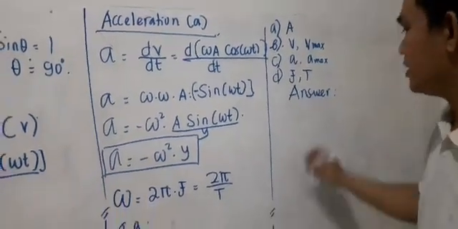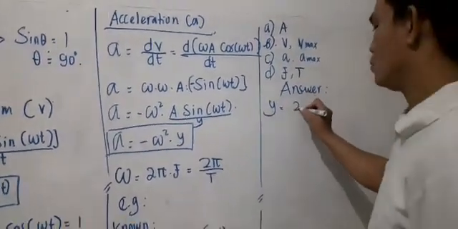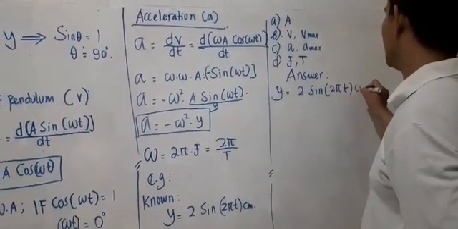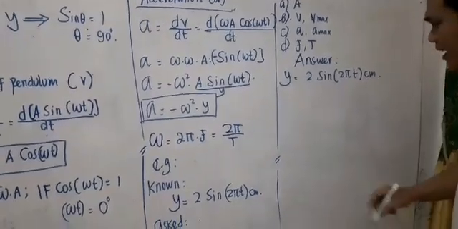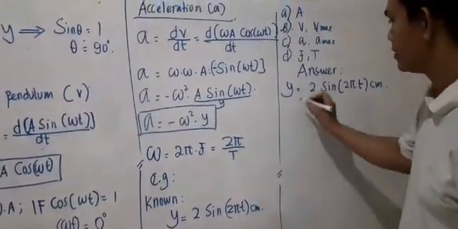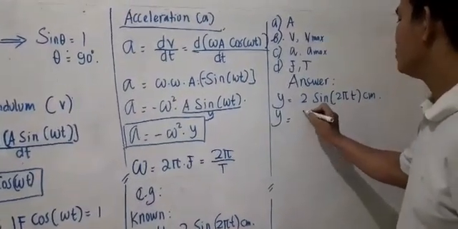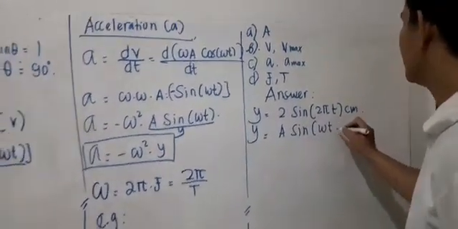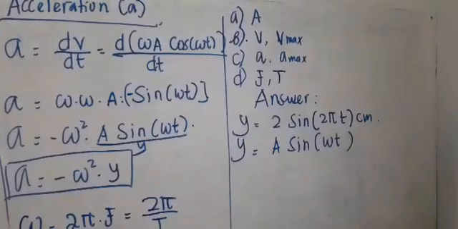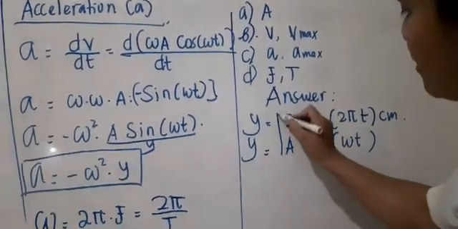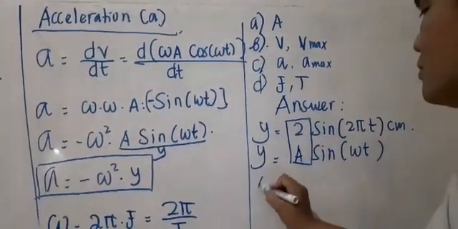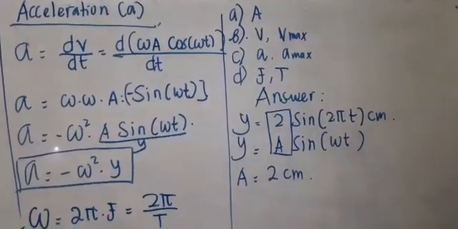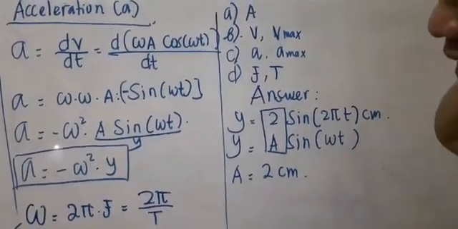Our equation is y equals 2 sin 2 pi t in centimeters. We can compare with the first equation, y equals A sin omega t. We can see that 2 is equal to A. So A is equal to 2 centimeters, because A is a length.